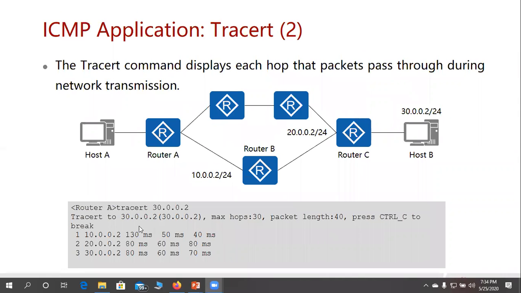Okay, so these are the results. That is, it is going to show you how many routers the packet moved. So you can see 3 routers. That's why we have got 3 pieces of information here. And the time it took.